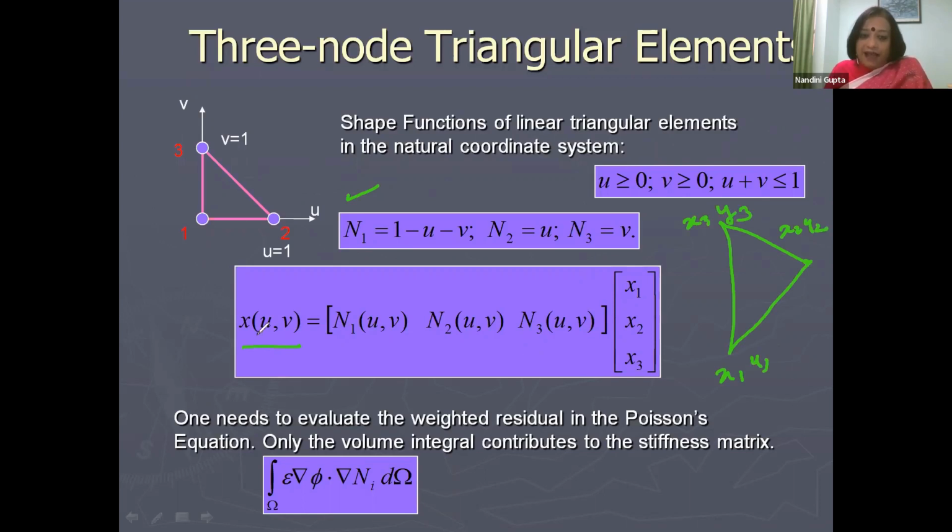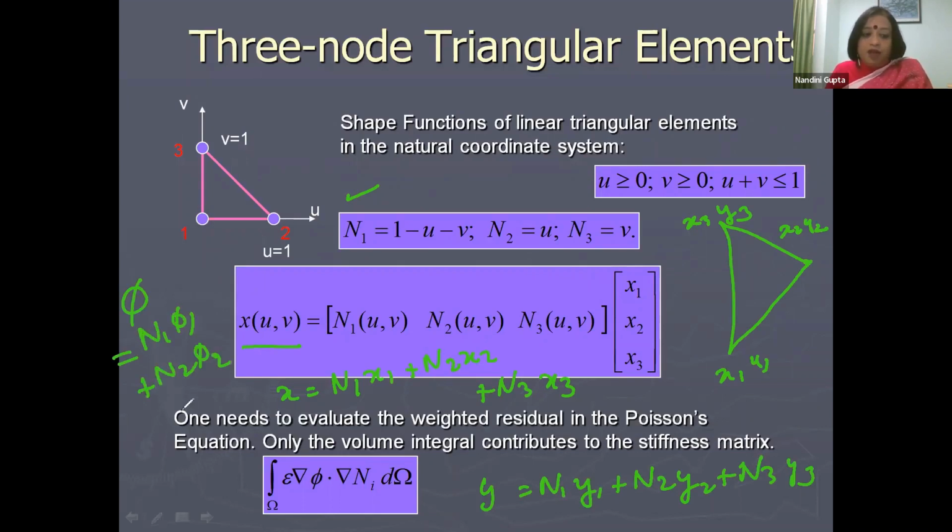If you consider the x's only, x is N1 x1 plus N2 x2 plus N3 x3, right? Similarly, y is N1 y1 plus N2 y2 plus N3 y3. Apart from that, phi will also be equal to N1 phi1 plus N2 phi2 plus N3 phi3. All N's are functions of u and v, right? So x becomes a function of u and v, y becomes a function of u and v, phi becomes a function of u and v. Everybody clear up to this point?